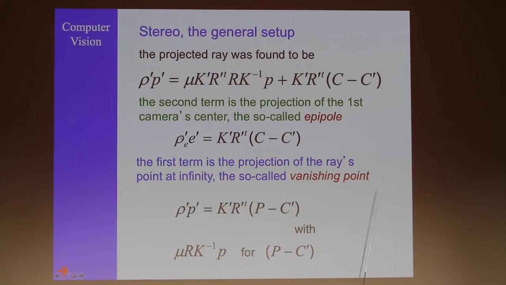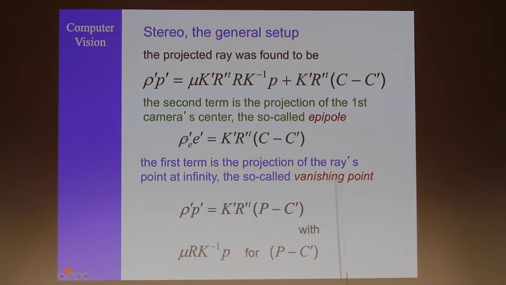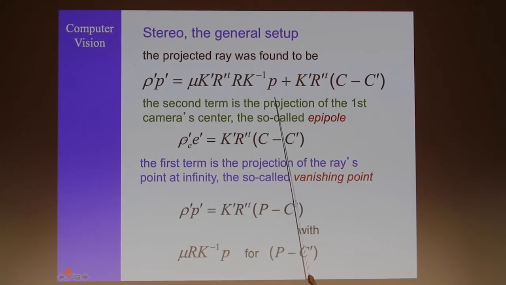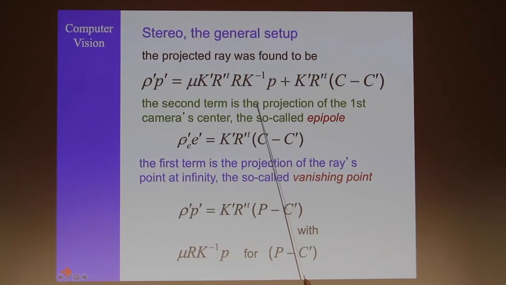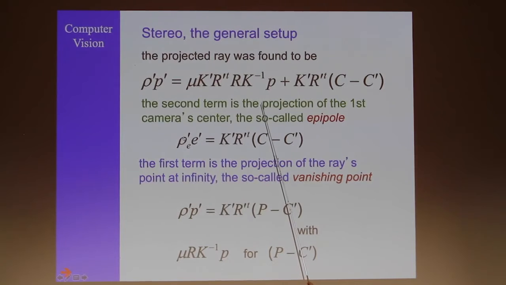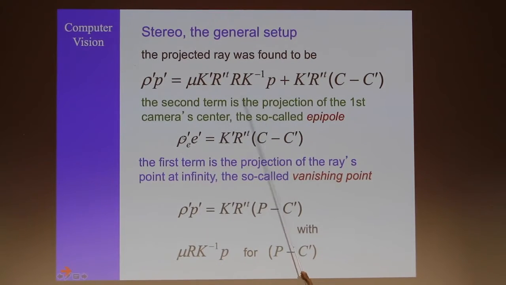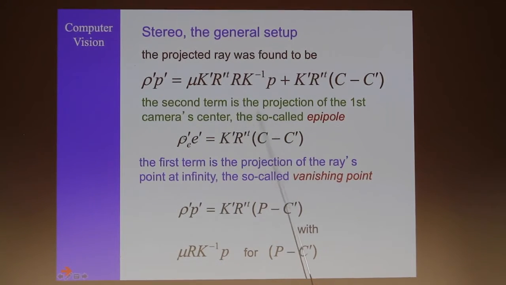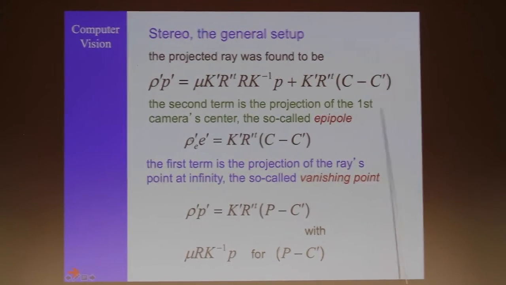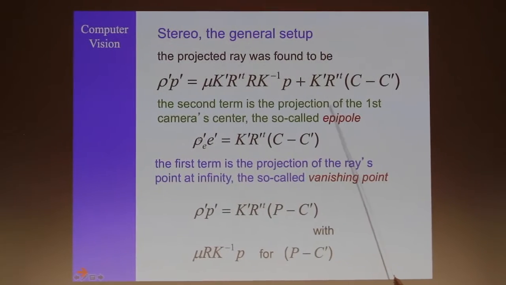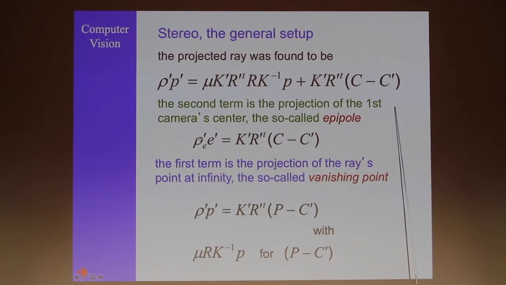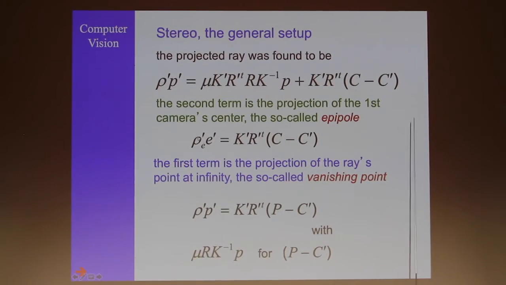Now there's an important qualitative difference between the two. This first term depends on p. So if we choose a different p, a different point in the first image plane, the equation of that first term, or that expression, will be different. Not so for the second part. That has no dependency on p whatsoever. It's always the same.